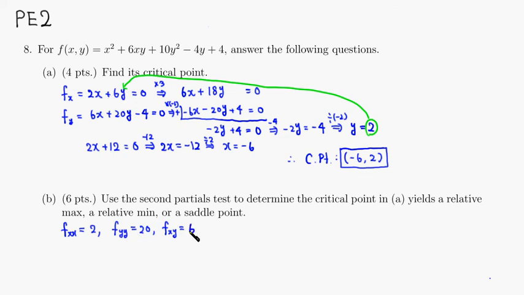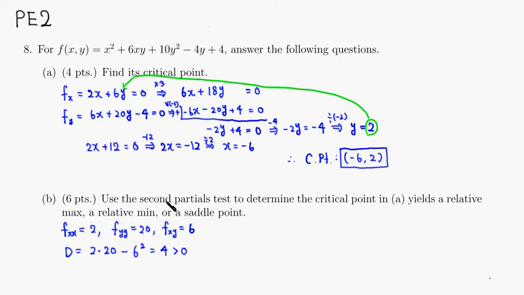Then the mixed partial xy is the partial of this with respect to y, so that's 6. If you look at the quantity D, it is equal to 2 times 20 minus 6 squared. So that's 40 minus 36, which is 4. So 4 is positive.